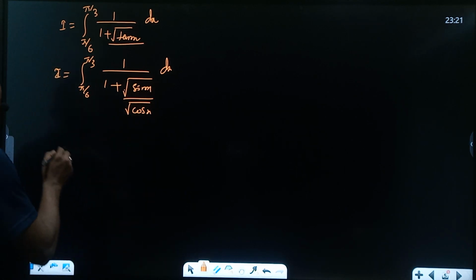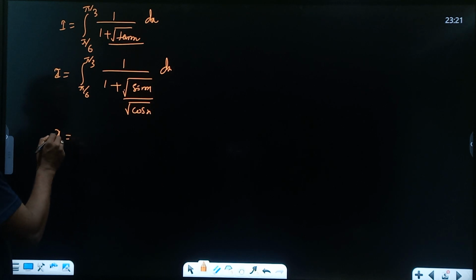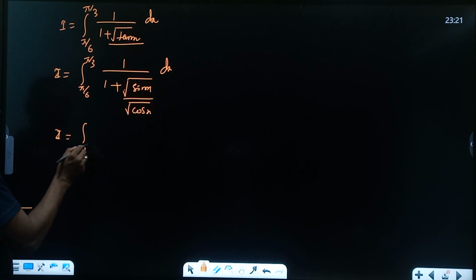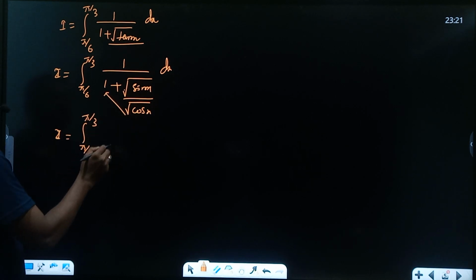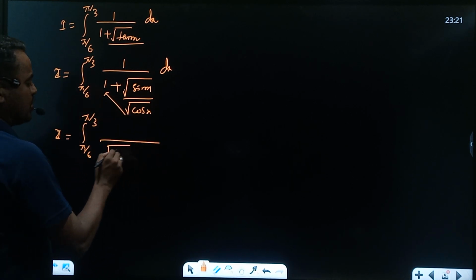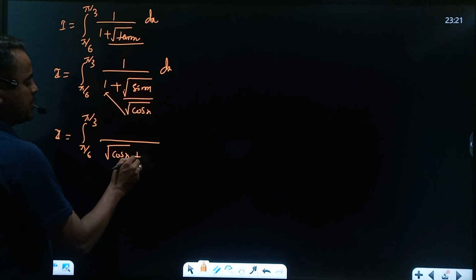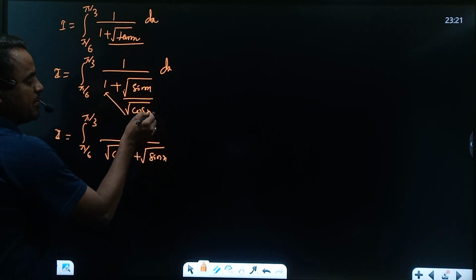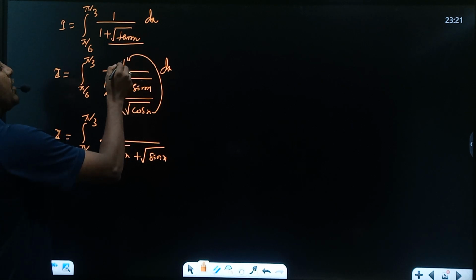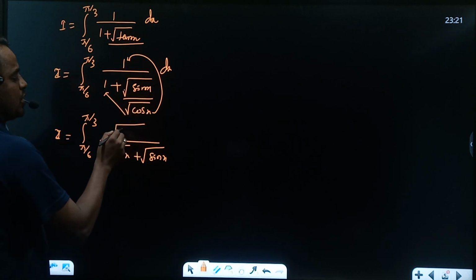Then take the LCM and cross multiply. I is equal to the integration from 5 by 6 to 5 by 3 of root cos x divided by root cos x plus root sin x, as the denominator cos goes to the numerator. 1 into root cos x is root cos x.